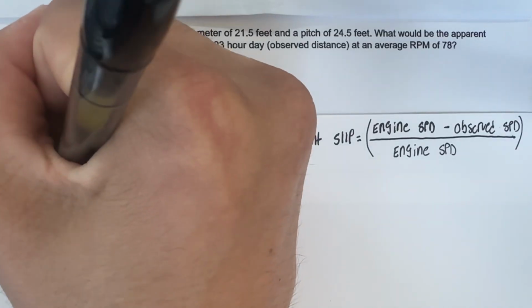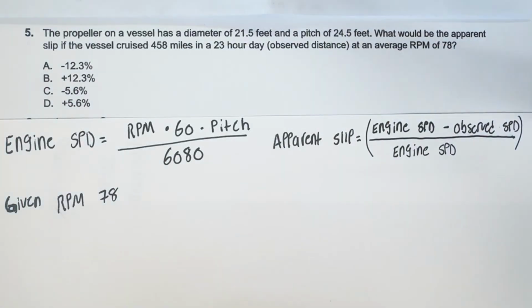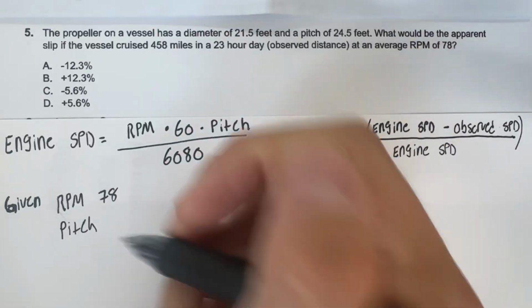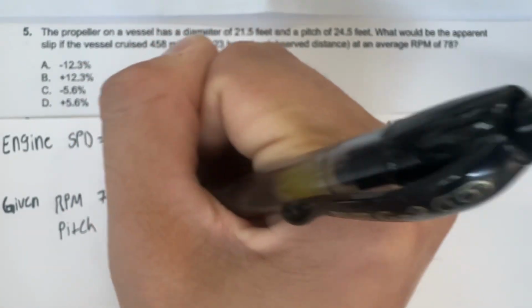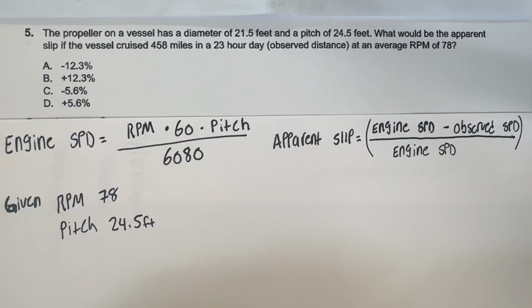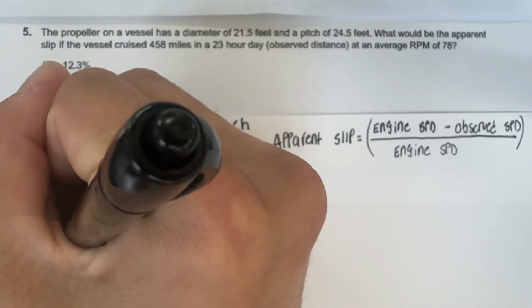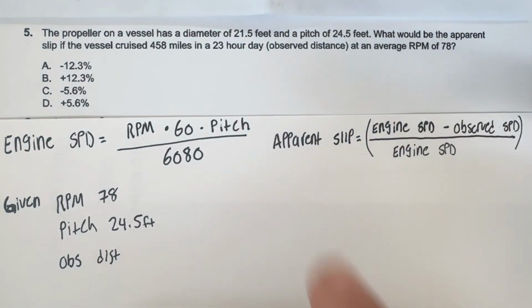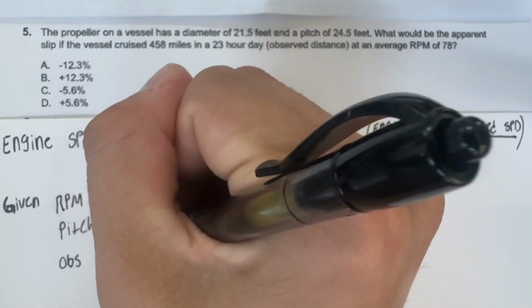We have our RPM, 78. We have our pitch, 24.5 feet. And we have our observed distance of 458 miles in 23 hours.